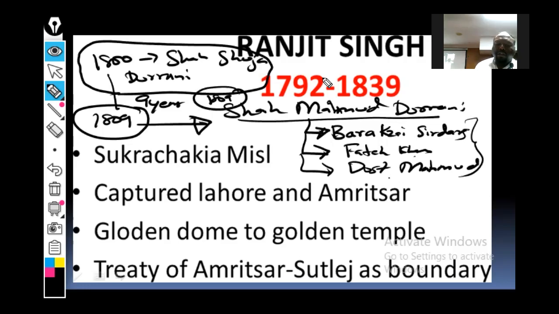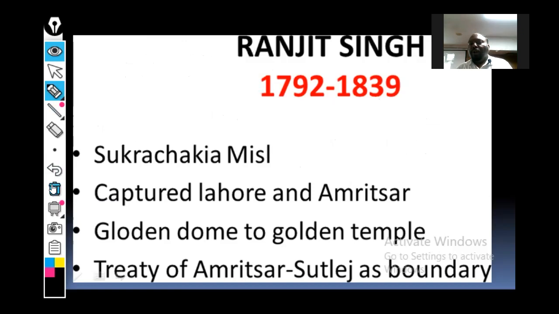So now Shah Shuja Durrani is thrown out of his kingdom. Now Shah Shuja Durrani wants to go and sit back on his throne. And now he cannot go back because powerful Barakzai Sardars, Dost Muhammad, Fateh Khan are supporting his brother, Shah Mahmud Durrani.